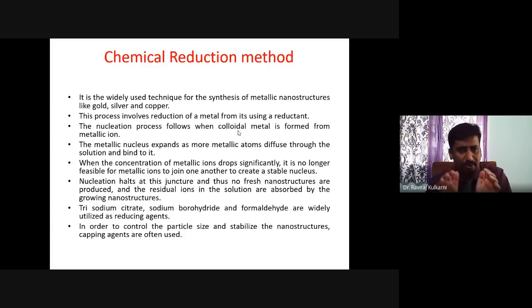We don't want the nuclei to grow rapidly to become microparticles. We want to control them in nano size only. For that, we use capping agents so that the nanoparticles will not agglomerate. They will not join together. So this is about the chemical reduction method.